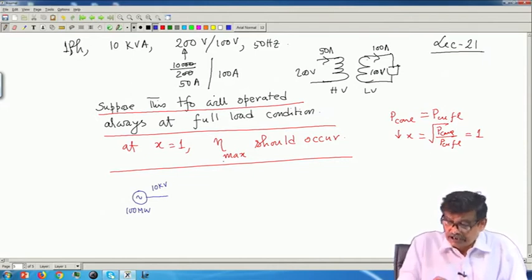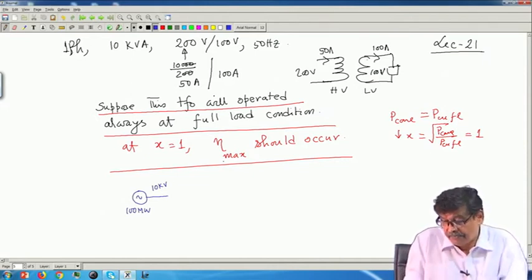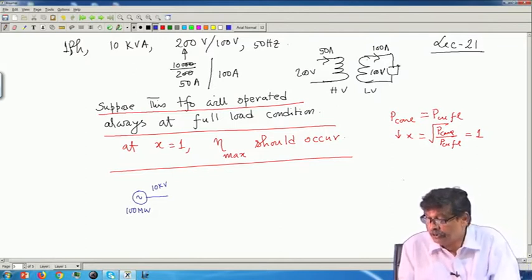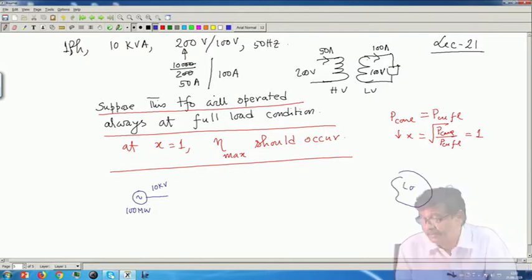Just to transmit the power from generating station to the load center, where this power will be used, there will be considerable amount of power loss in the transmission line, and you cannot afford that. So, it will become a very inefficient system of transmitting bulk amount of power of this order.